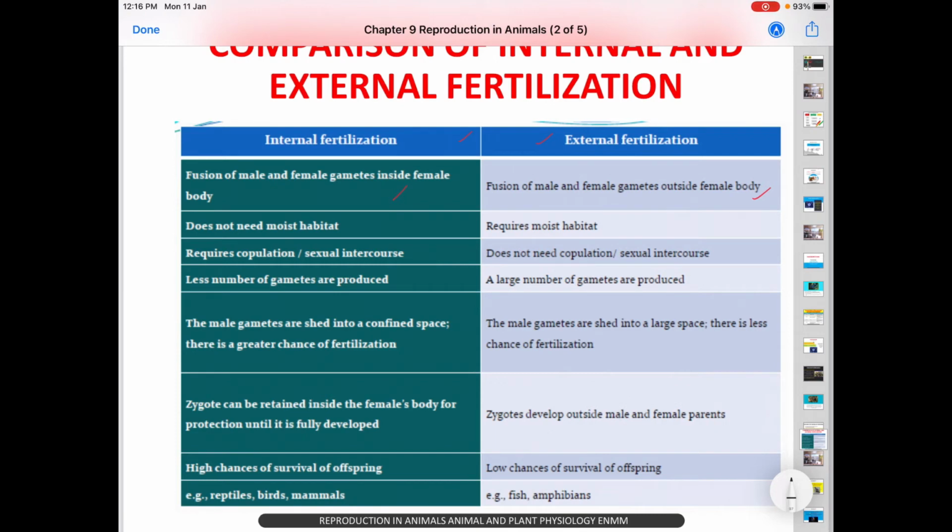So when the question asks you to give the differences or comparison between internal and external fertilization, you may give any point from this. Let's say the mark is 5 marks. Make sure you have 5 points for internal fertilization and 5 points for external fertilization. Each point will carry 0.5 mark. Normally the marking system is like that.